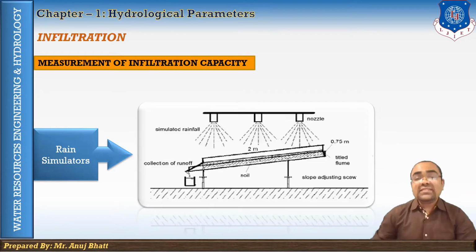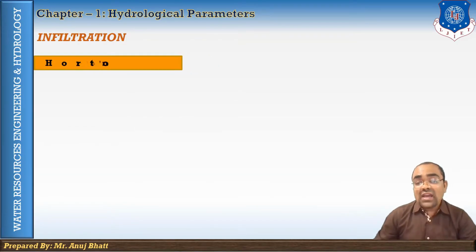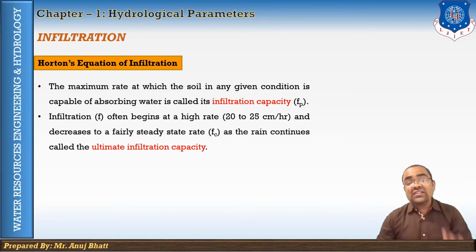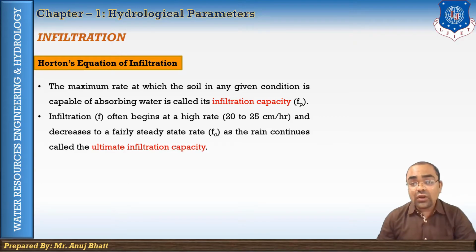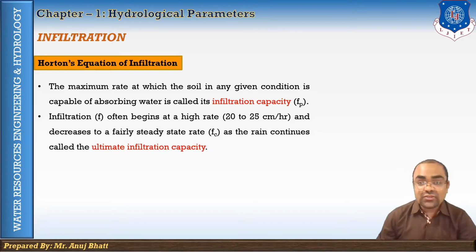Now we will discuss an equation to find out the infiltration capacity, and that is Horton's equation of infiltration. The maximum rate at which the soil in any given condition is capable of absorbing water is generally called the infiltration capacity, which we discussed in the previous lecture.